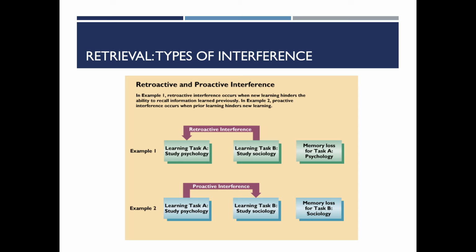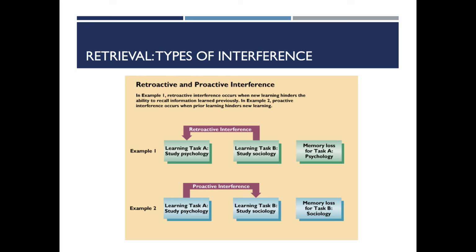Another factor that influences our ability to remember is interference. Interference is when one memory gets in the way of another memory. And there's two types. In the first example, which is retroactive interference, something that you're currently studying goes back and messes up what you learned beforehand.